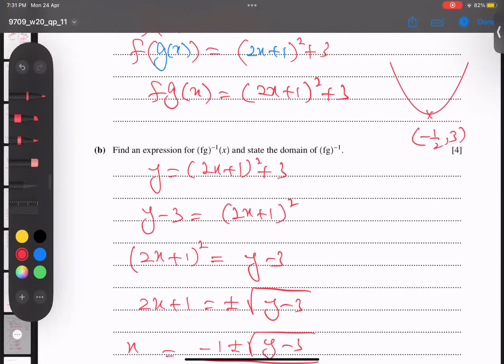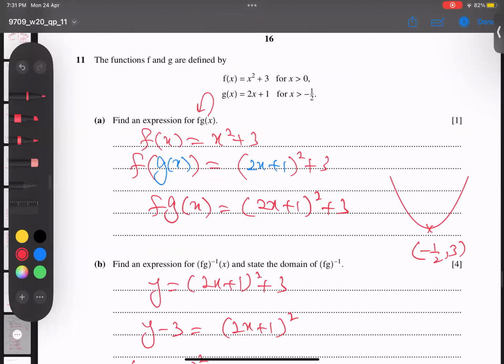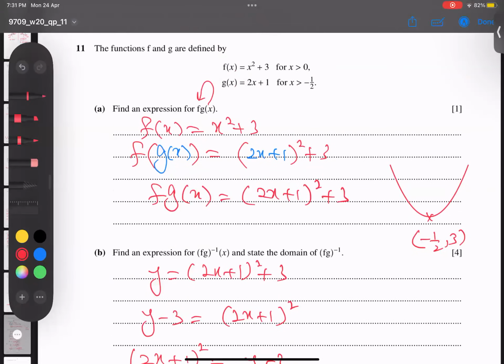An inverse is only possible when it goes one side, either it goes right or it goes left. It means either we have a right graph or we have a left graph. Both graphs together are not possible for making an inverse function. So if you look carefully, x is bigger than 0.